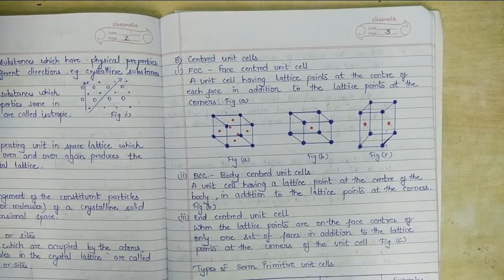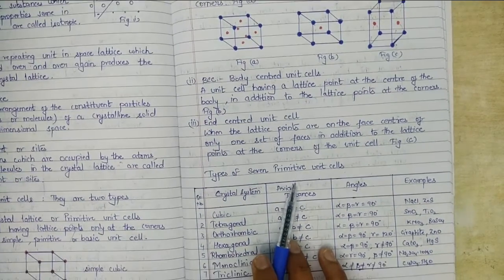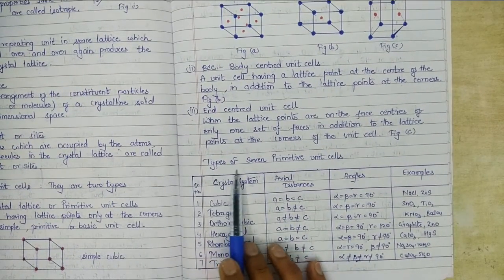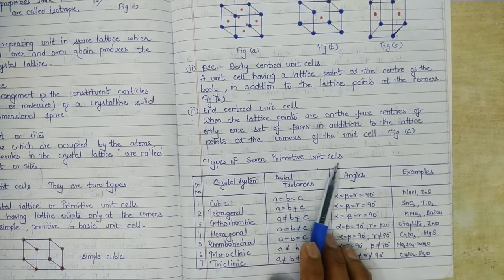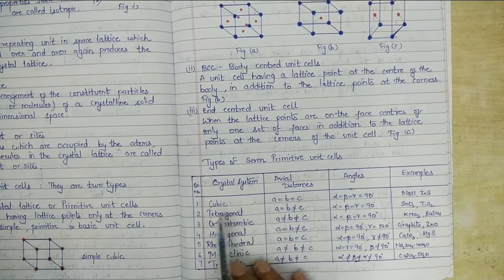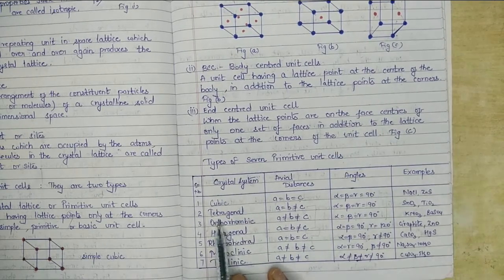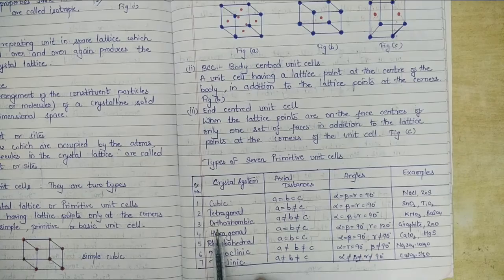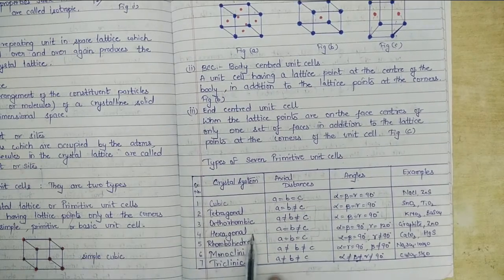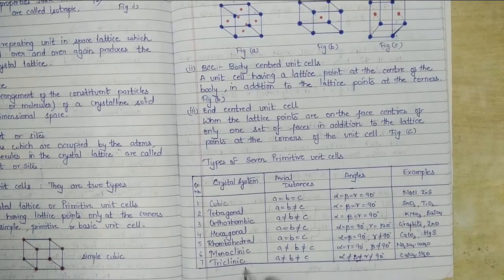Now let us consider the 7 types of primitive unit cell. We'll study now the types of primitive unit cell. So primitive unit cells are of 7 types. That is, the first system is cubic, tetragonal, next is orthorhombic, hexagonal, rhombohedral, monoclinic and triclinic.